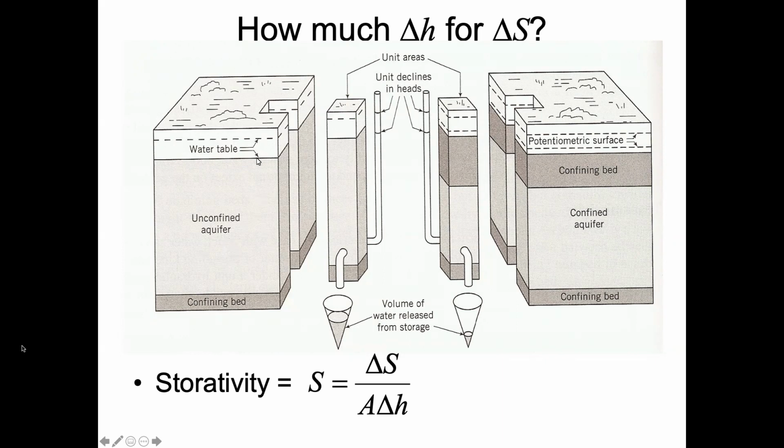And for an equal drop in head, or an equal change in pressure, we could think of that as a change in our pressure of these systems or our total head. We have different volumes of water that are released. And so this is our storativity term, the volume of water, right, per unit area, per unit head drop, storativity.